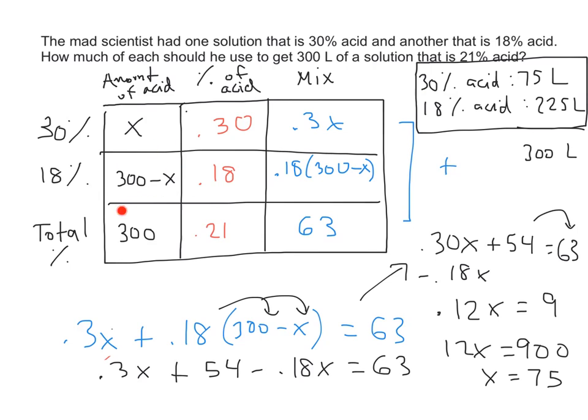So whatever x is, it's just basically 300 minus it, and times it by 0.18, and we got this. And same thing for the last one. And what we did is we added this column together to find the eventual result of 30% acid, which is our result right here.